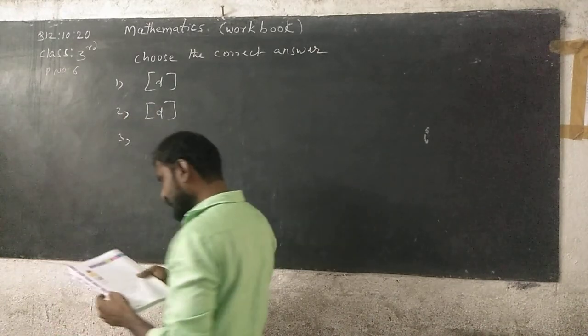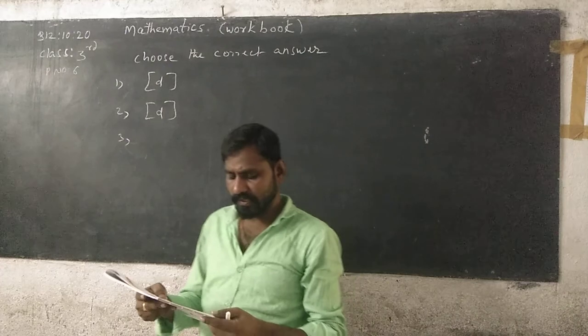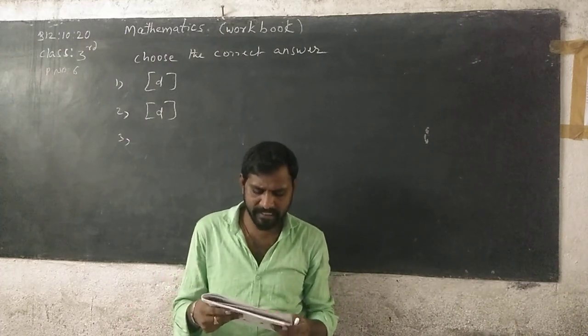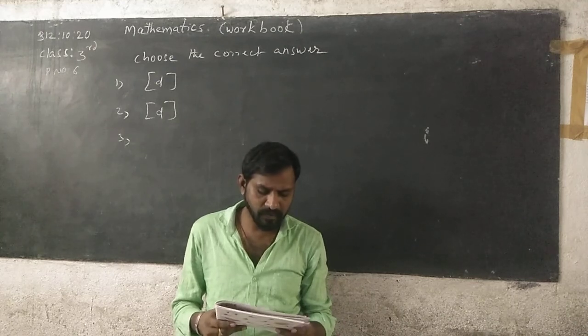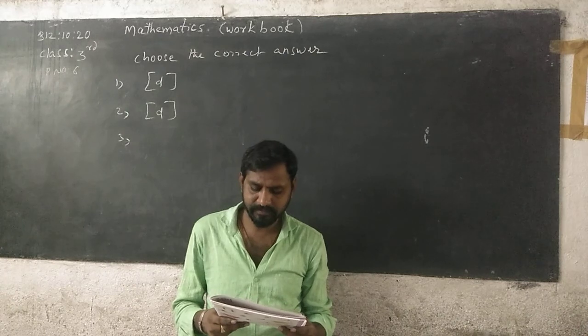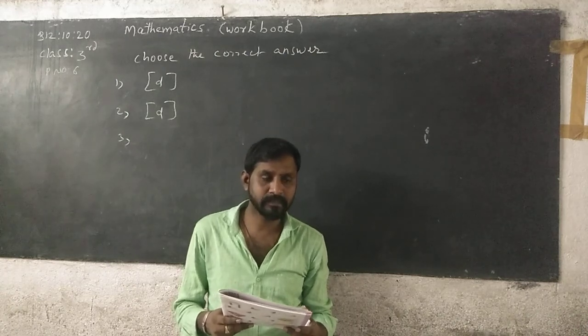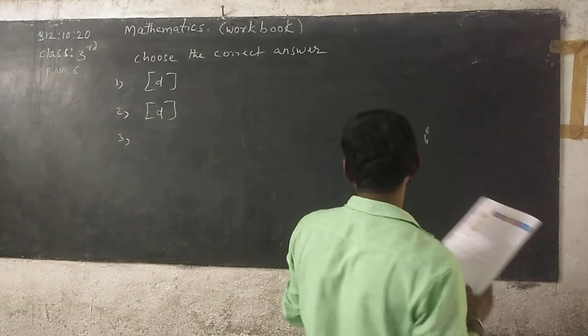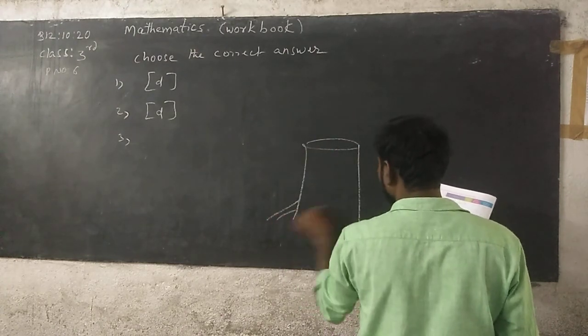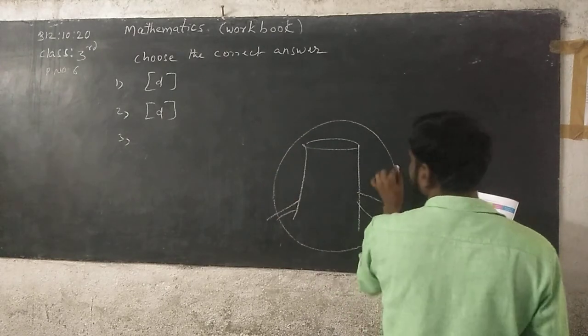Next, third one. A tree trunk closely reflects the shape of dash. A, cone. B, cylinder. C, sphere. D, cube. So, tree trunk, like this only, no? So, cylinder in shape.